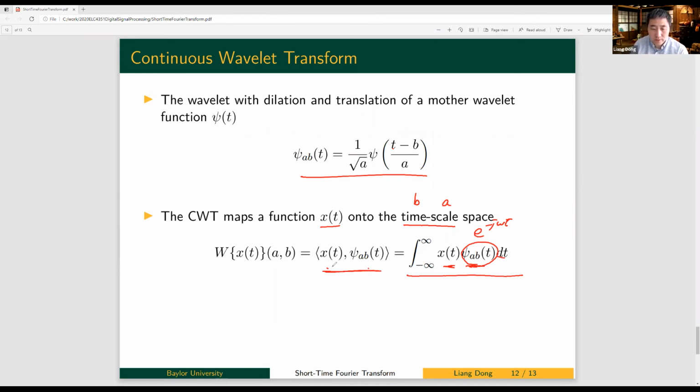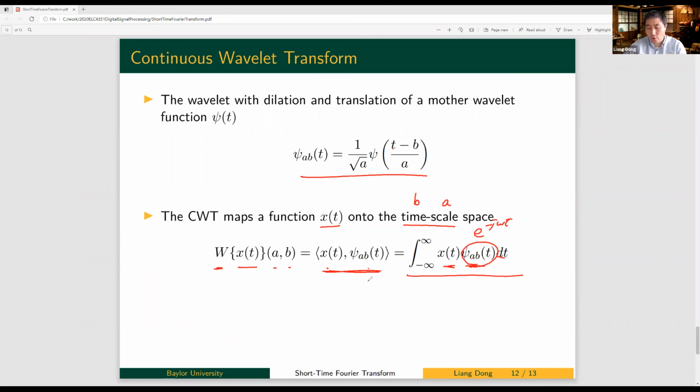So sometimes people like to use that to concisely write a transform. So the wavelet transform output W is a function of two variables a and b. That's a wavelet transform on the function of x(t). That's my signal x(t), and that is the wavelet transform.